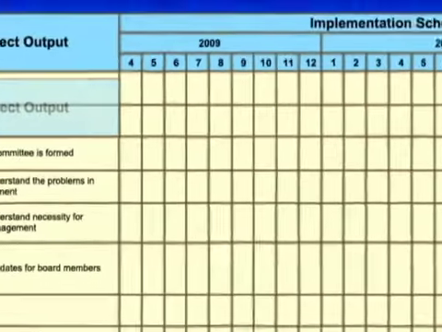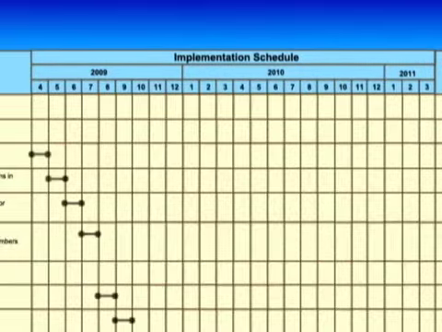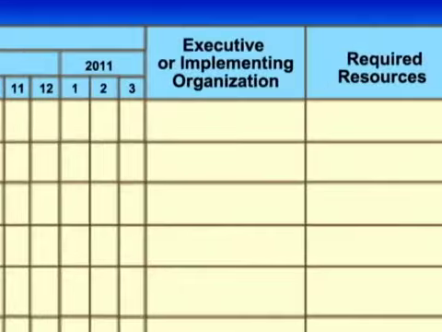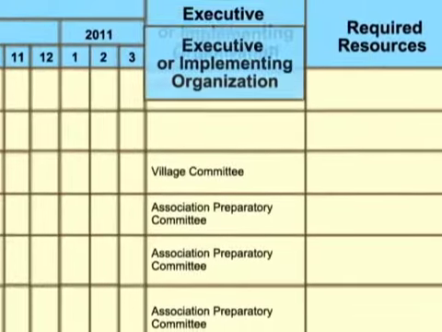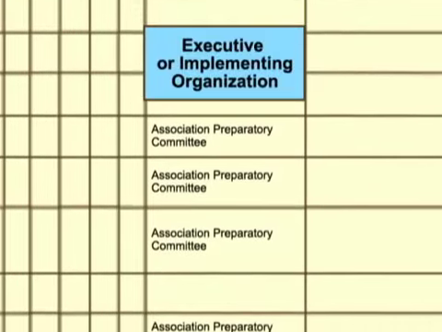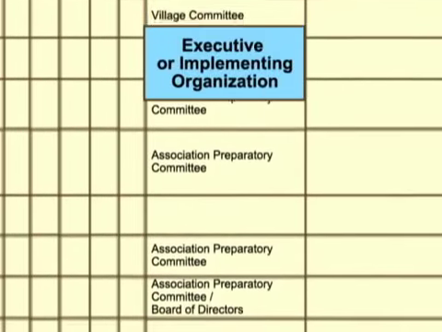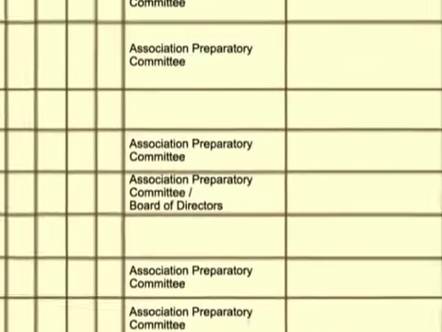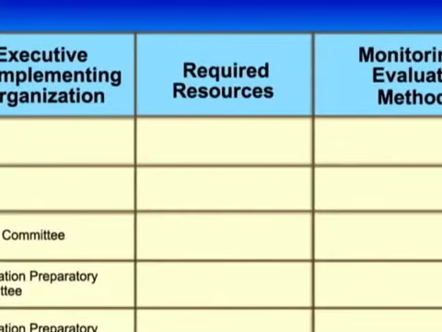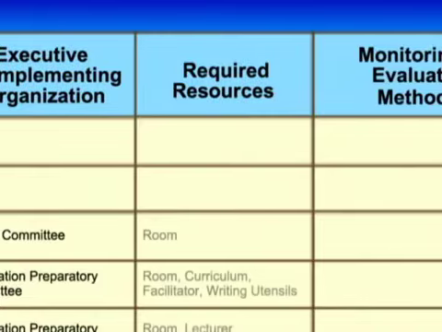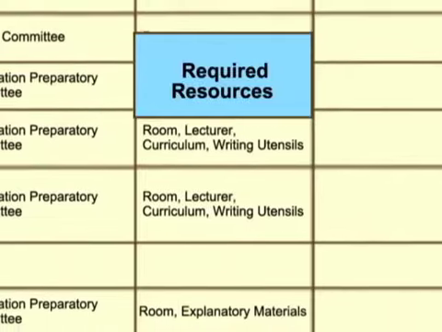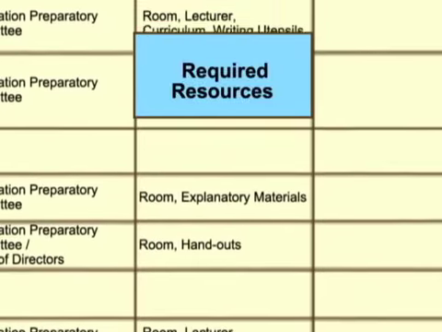The implementation schedule cells should have schedules to implement sub-activities. The executive or implementing organization cells should have the name of the organization which executes and/or implements the particular activities. The required resources cells should have human resources, facilities, equipment, and other funding which are necessary for implementation.